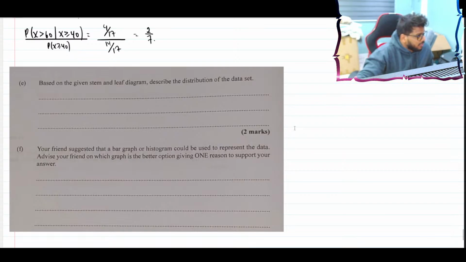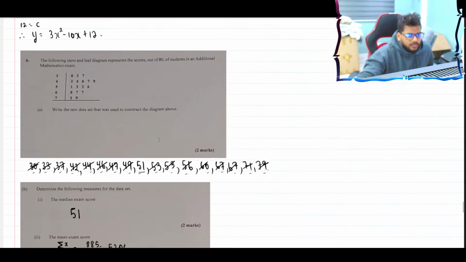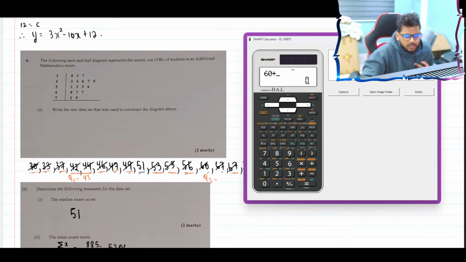We go how to calculate quartiles. From the first half of the data, first with last, first with last, first with last. When I add these two and divide it, I will get Q1. That will be 43. First and last, first and last, first and last. When I add these two and divide it, I will get Q3. 60 plus 67, divided by 2.